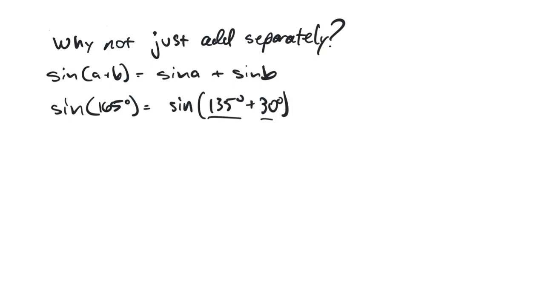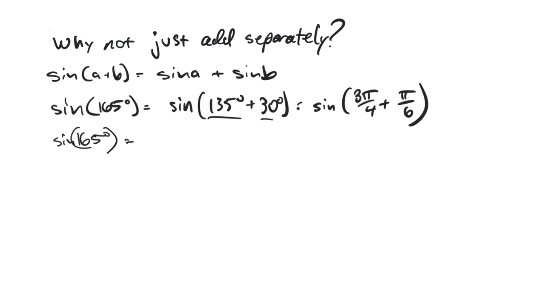These are two rotations of the unit circle that I have memorized. I'm going to convert those into radians, so this would be the sine of 3 pi over 4 plus pi over 6, okay? So I guess the question is, does sine of 165 equal sine of 135 plus sine of 30?